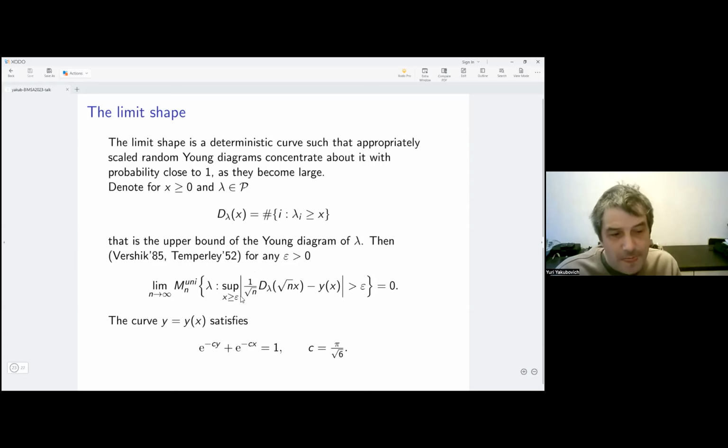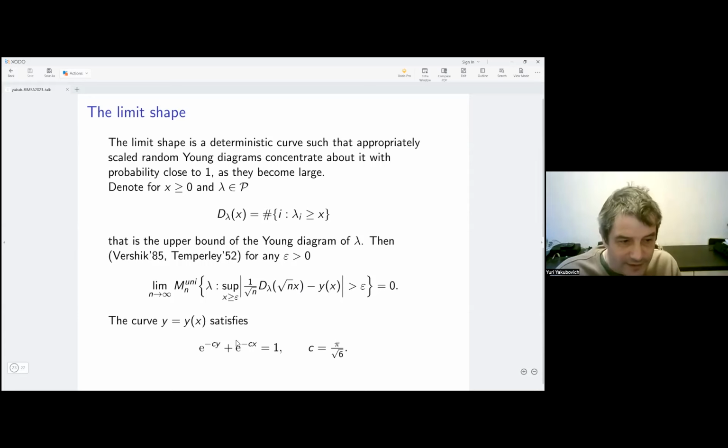If we scale our Young diagram by square root of n along both axes, so its area becomes 1, then its upper bound will be close to some fixed function y, which isn't random.